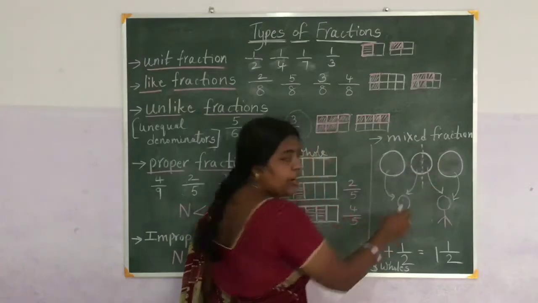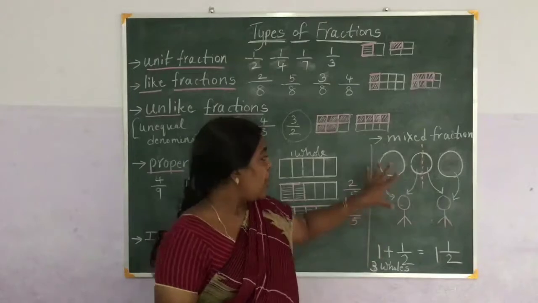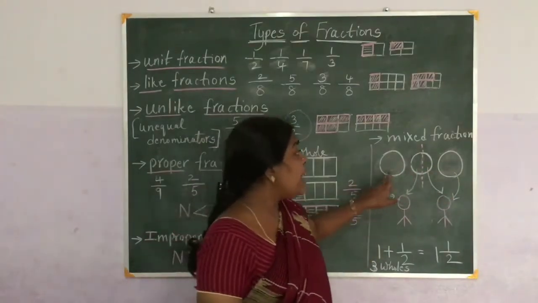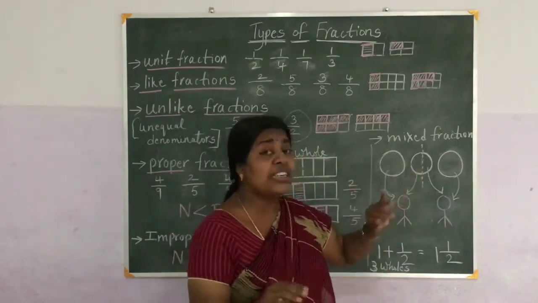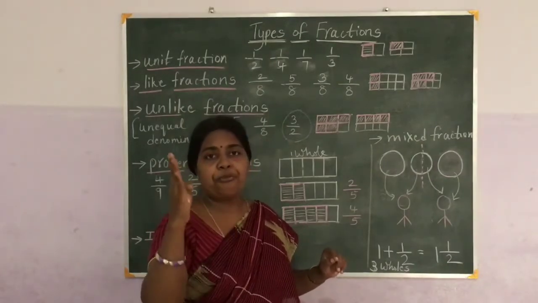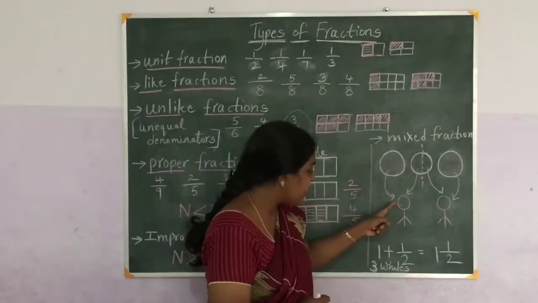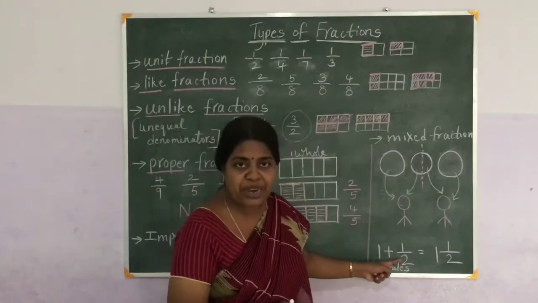And this third one, here observe the wholes. 3 wholes are there, but in this we are taking 2 full wholes, and in the third one we are taking half plus half. That means each child is getting 1 full chapati and half a chapati.